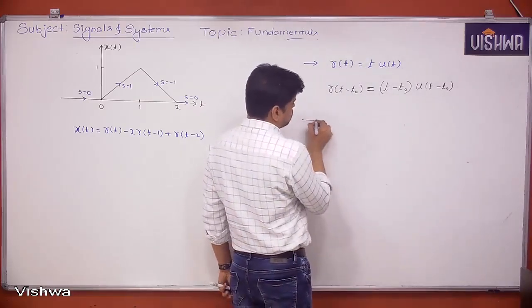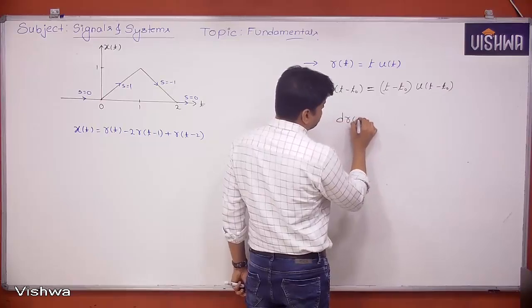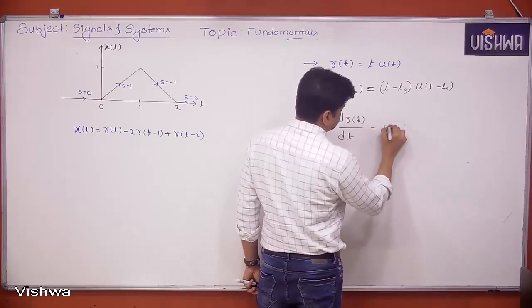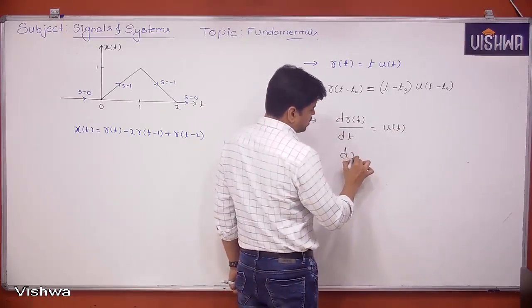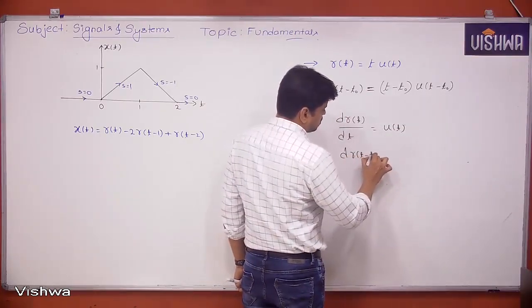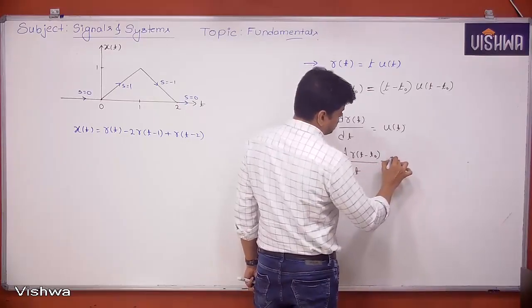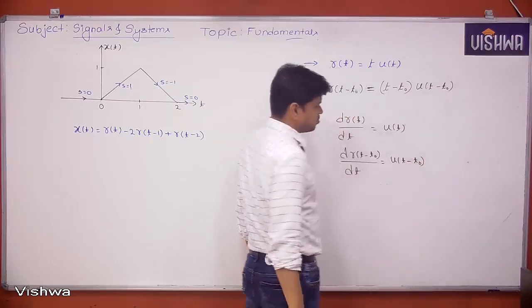Next, we know differentiation of r of t is u of t. In the similar manner, differentiation of r of t minus t naught is u of t minus t naught.